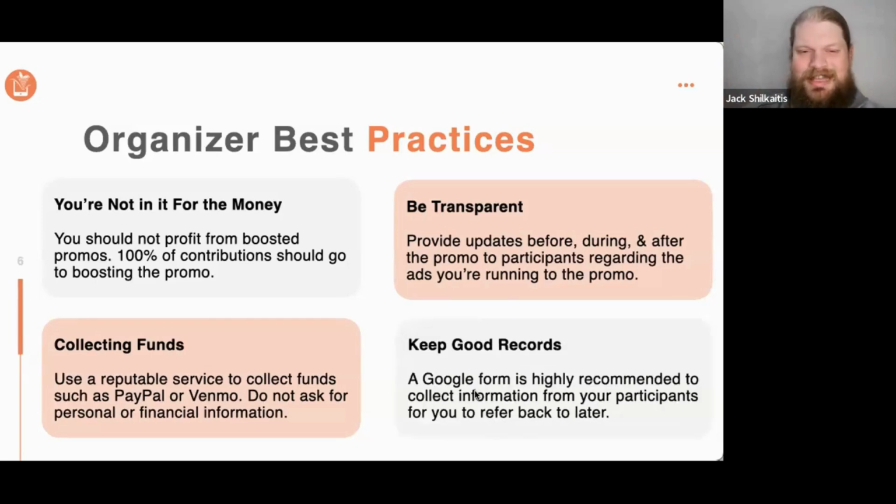You should also keep good records. A Google form is highly recommended to collect information from your participants so you can refer back to it later. This will make more sense when we're talking about the boosted promo menu, because you might have authors contributing in different ways, and they might be getting some perks out of that. You obviously want to deliver on those perks for those authors, so it's important that you keep good records.